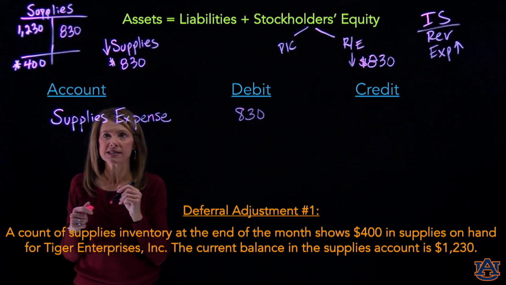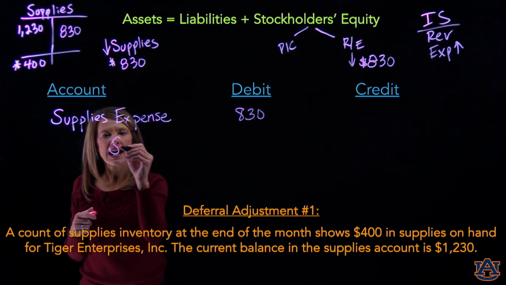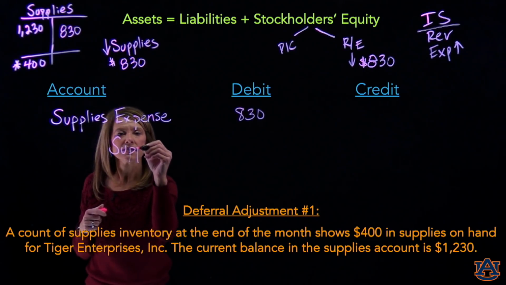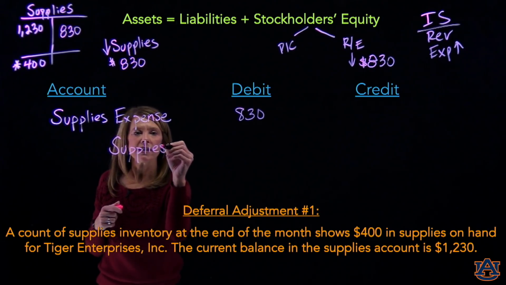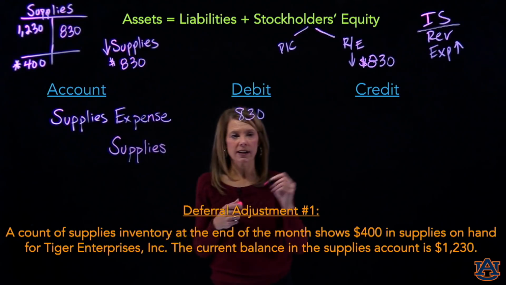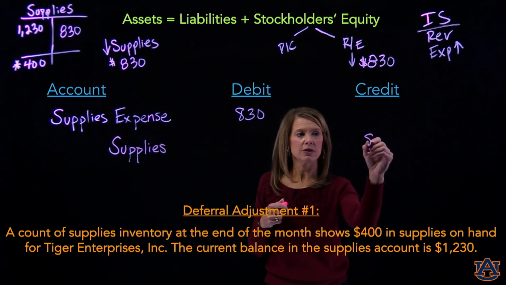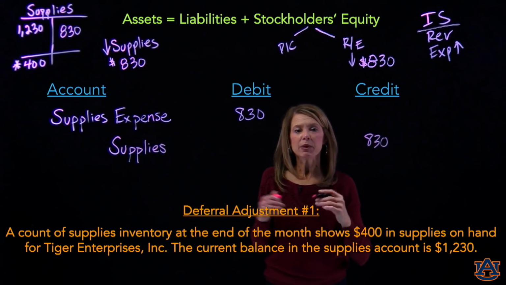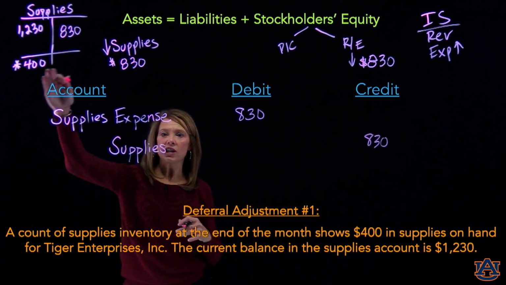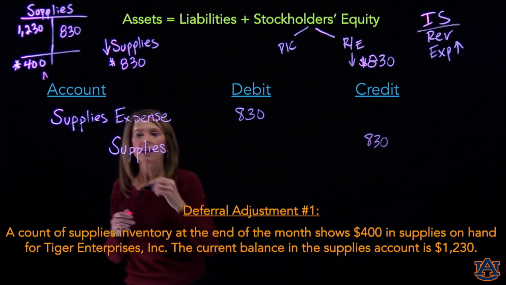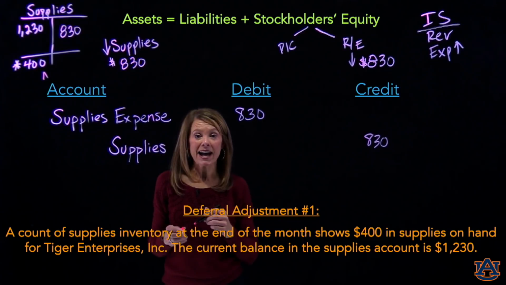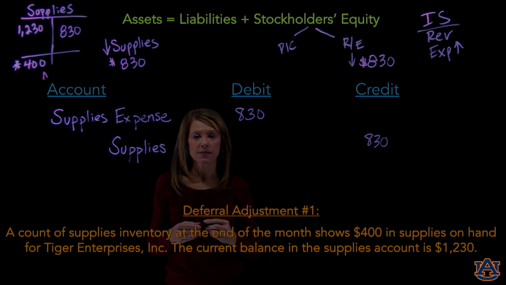That's what supplies expense needs to get. Our asset account called supplies is being decreased with that credit for $830. And when we make this adjustment, we have achieved our objective here of getting that account balance to match exactly what we have in supplies.